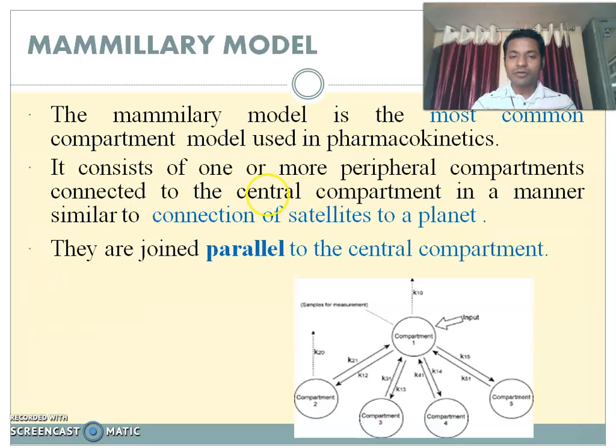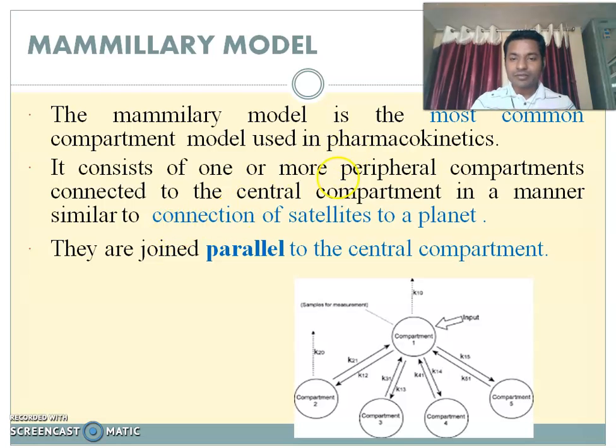In our planetary system, the sun is at the center and the other planets are surrounding or rotating around that particular sun, right? So the structure of this model is like the planetary system. That's why it is also called a planetary structure, right?